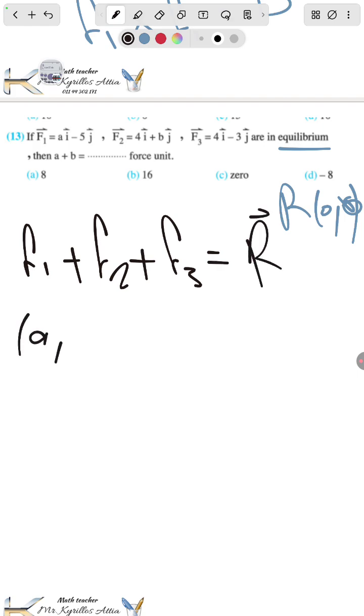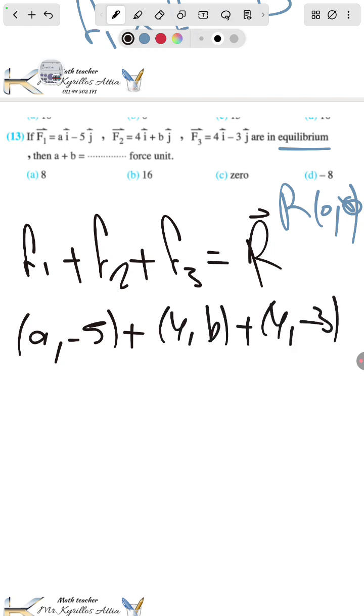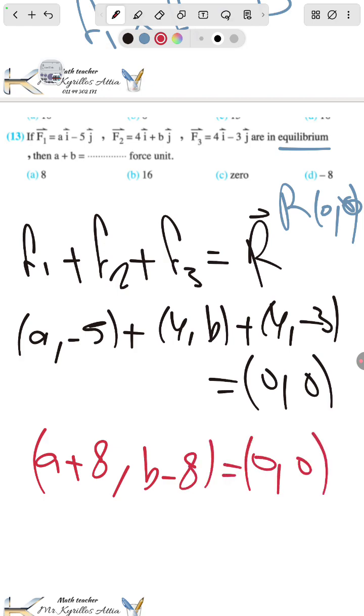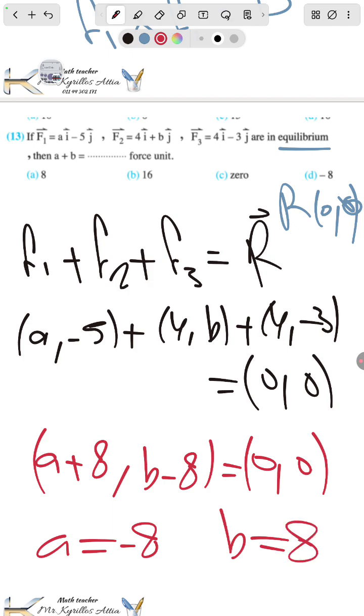F1 equals (a, -5) plus F2 equals (4, b) plus F3 equals (4, -3), all of them equal (0, 0). By adding, a plus 4 plus 4 is a plus 8, and -5 plus b plus -3 is b minus 8, equal (0, 0), so a equals negative 8 and b equals 8. Therefore a plus b equals 0.